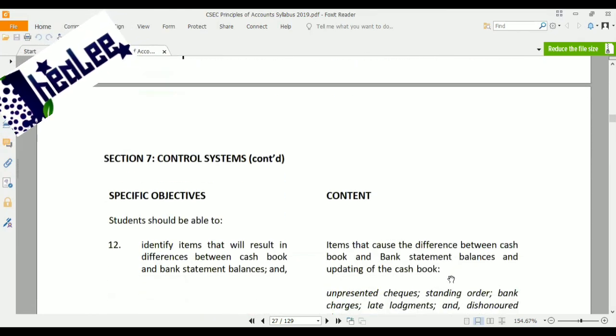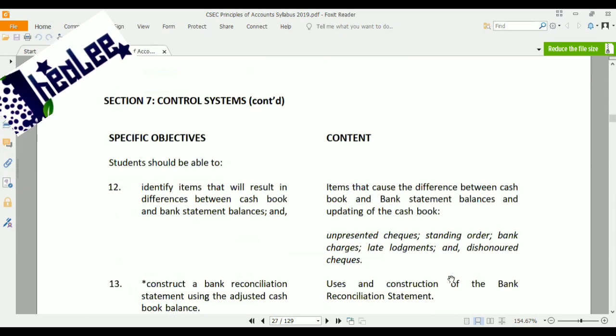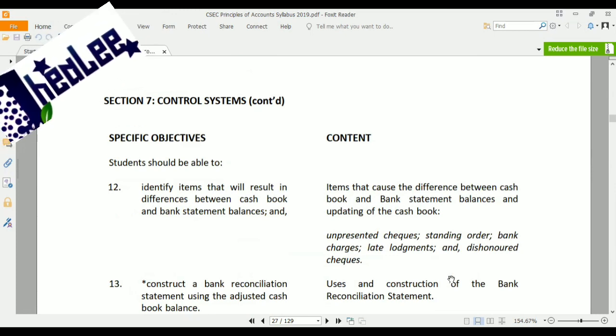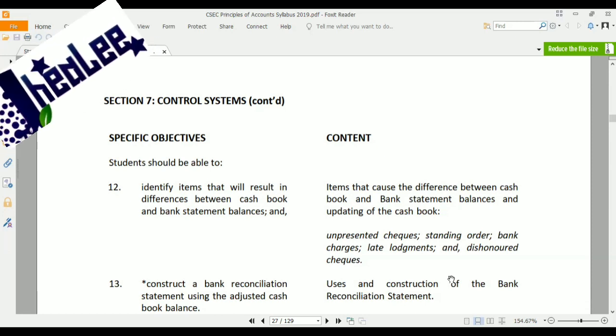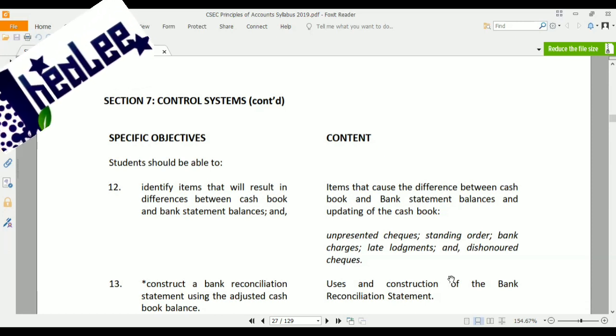In continuing, number 12, identify items that will result in differences between your cash book and your bank statement. This can be a theory question, right? And with that theory, they may ask you to define these items, or how do you identify them?